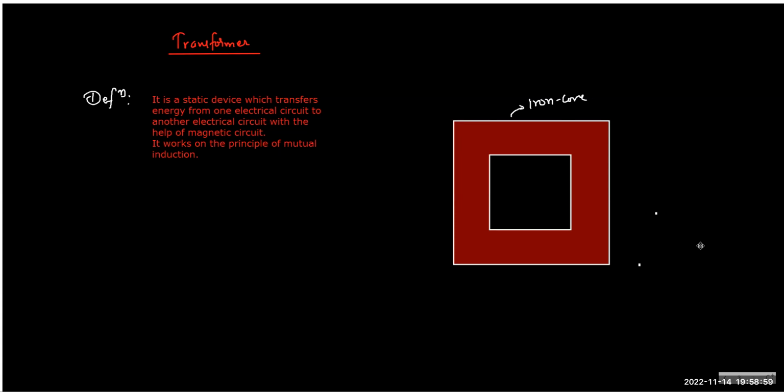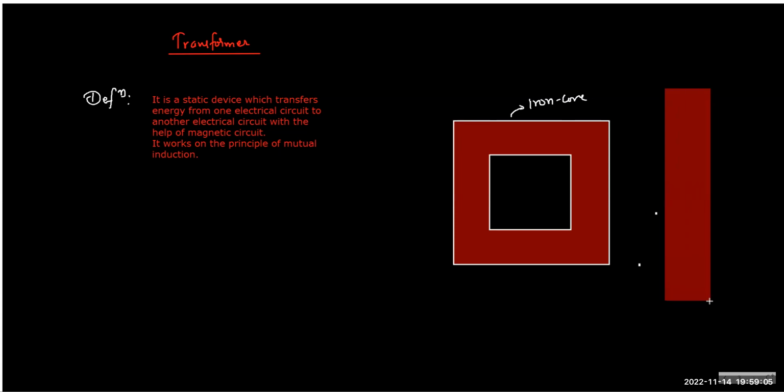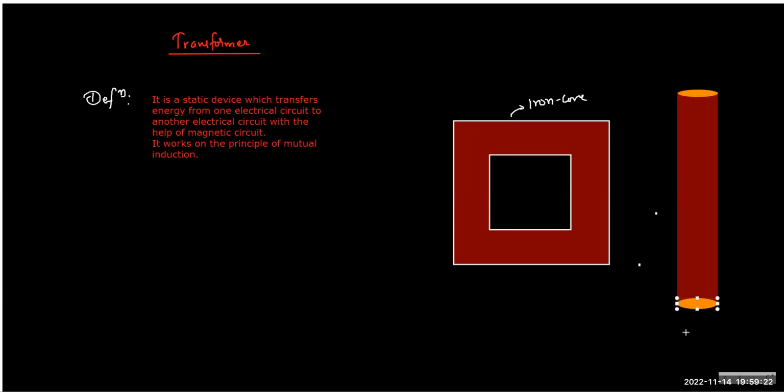So you may think of designing the iron core. You may take a simple iron rod itself. So if you take only an iron rod, it could also behave as a transformer.